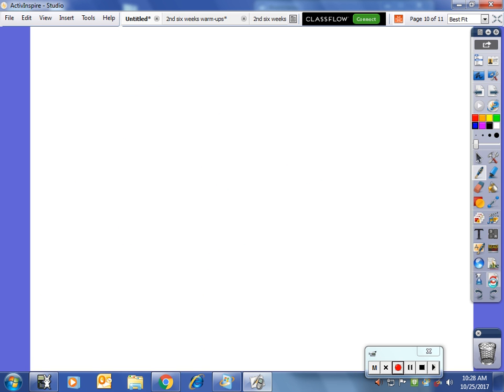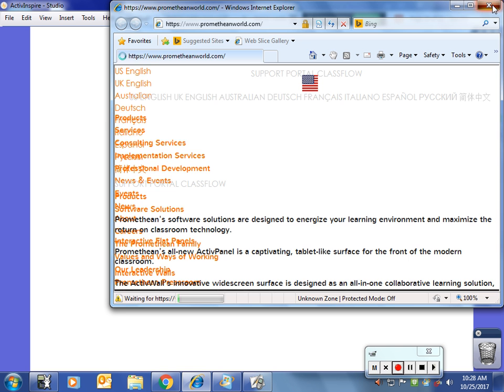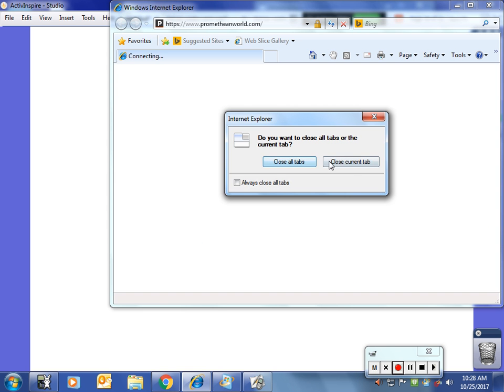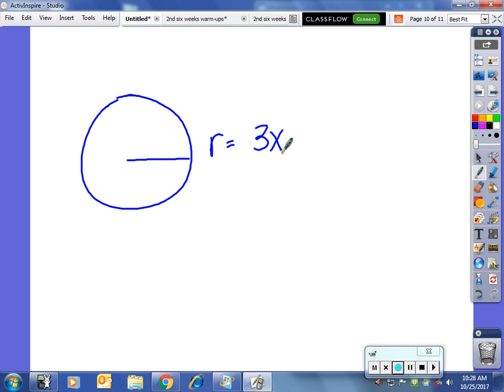Okay, now, what's left? A circle. Okay, here we go. Here's a circle with a radius of 3x minus 5.